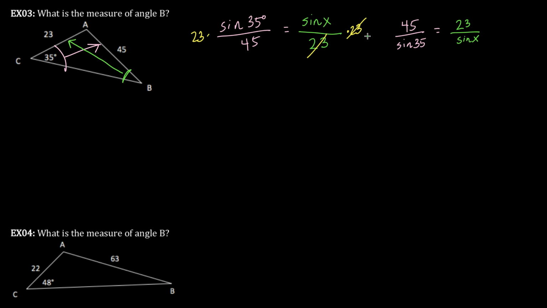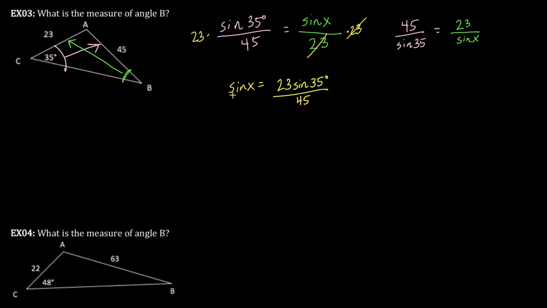So I'm going to reverse this. I'm going to write sine of x equals 23 sine of 35 degrees over 45.